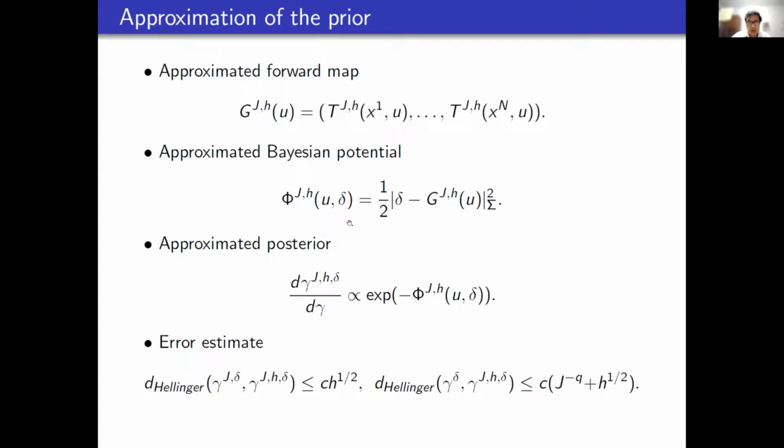And because here we are working with just a finite dimensional probability space, we can define the posterior gamma_Jh^delta in terms of the numerical solution for the forward equation. We can define it like here.